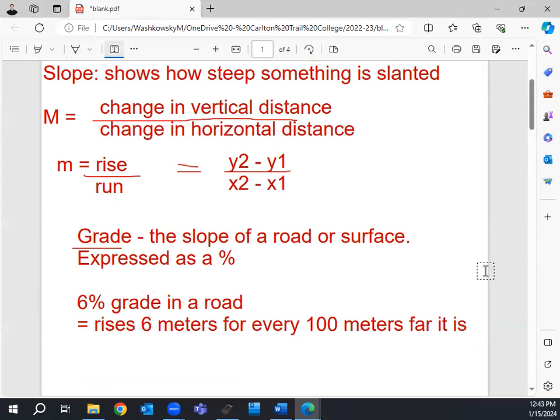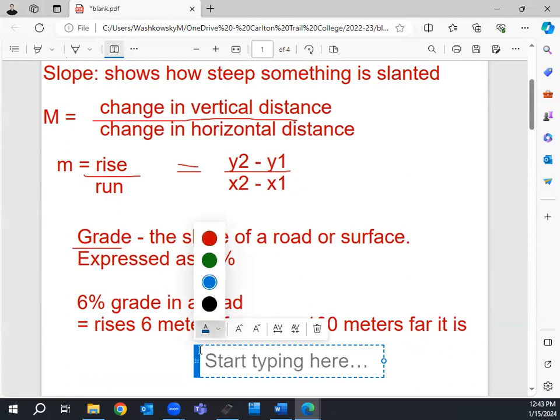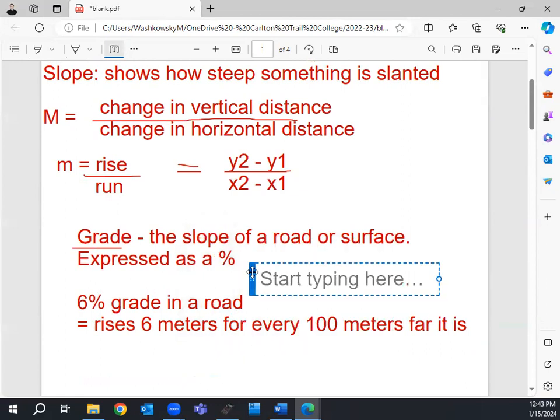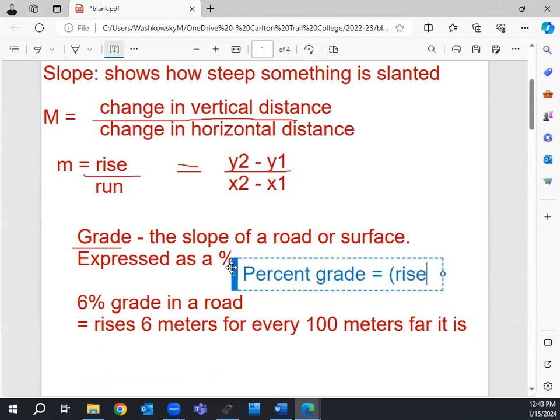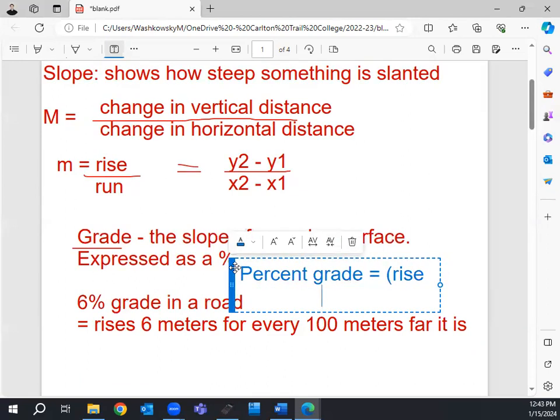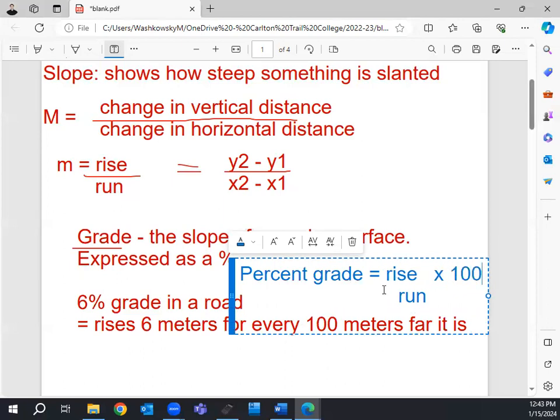And so we have a special formula for this. I'm going to write it in blue here. So the percent grade is equal to the rise over run times 100.